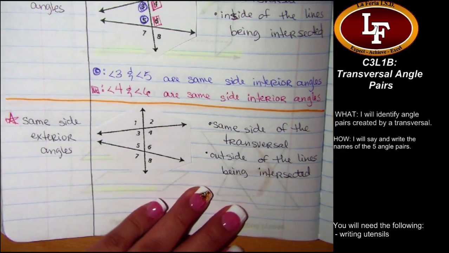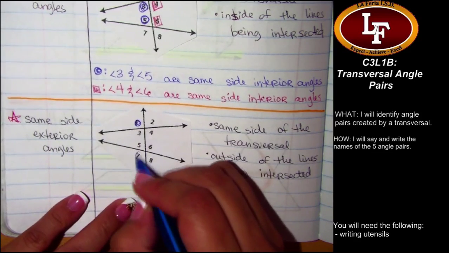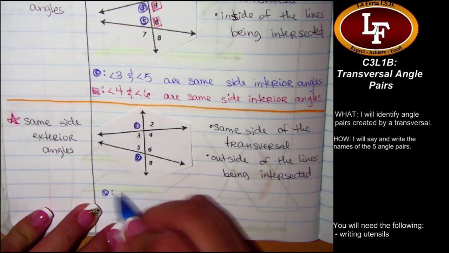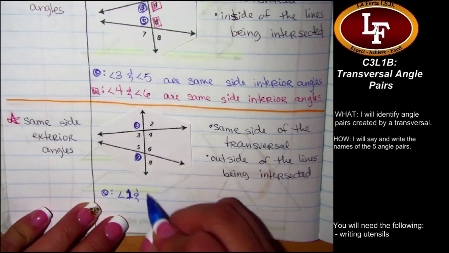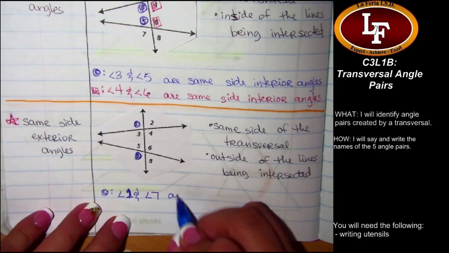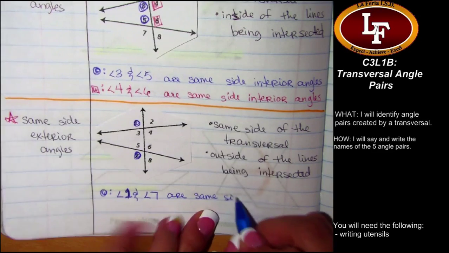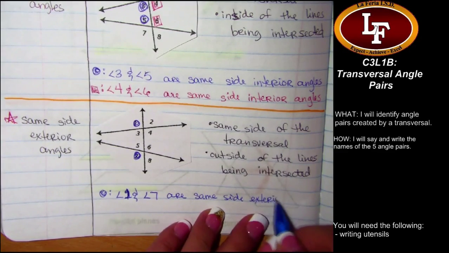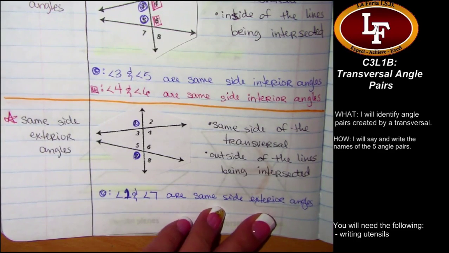So it's 1, 2, 7, 8. 1 and 7 would be same side exterior. And 2 and 8.